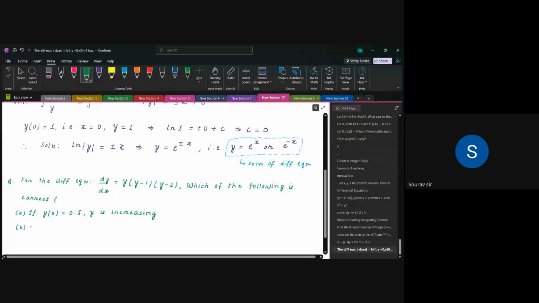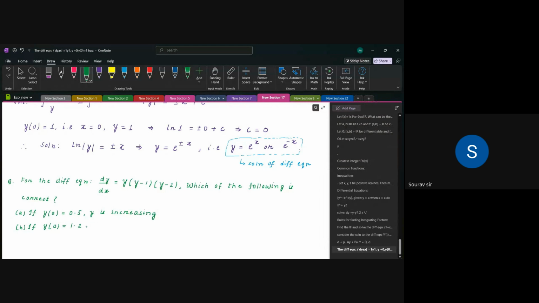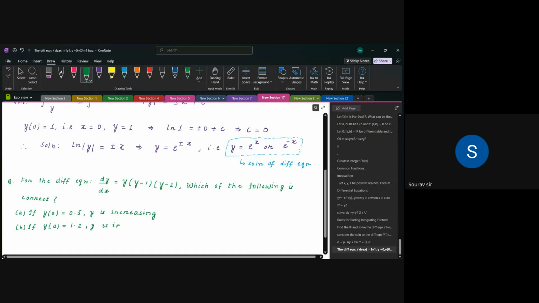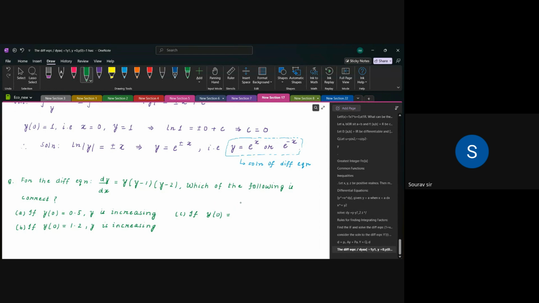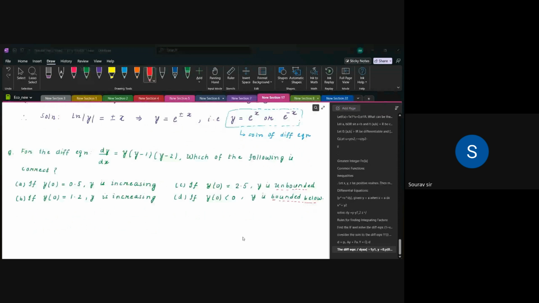Option B, if y(0) equals 1.2, then y is increasing. Option C, if y(0) equals 2.5, then y is unbounded. And option D, if y(0) is negative, then y is bounded below.